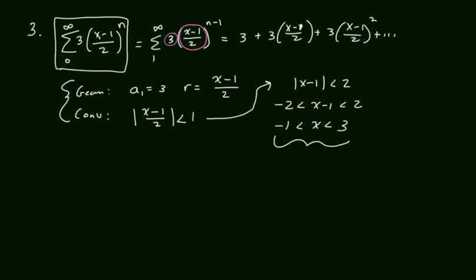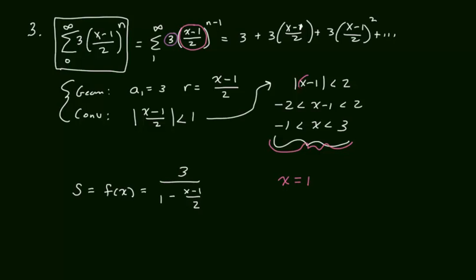Now, what does it converge to? What does the function look like simplified? We would say s, or we can say f of x equals first term 3 over 1 minus common ratio. I'd also like to introduce the terminology center of the interval. If you look at this interval here, the center of it is x equals 1.